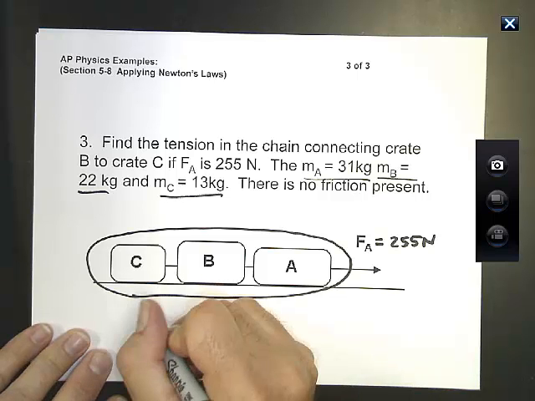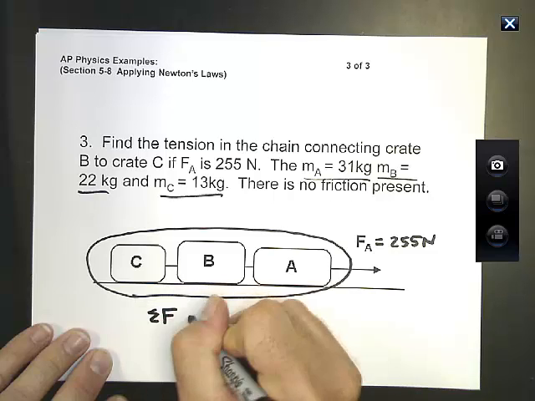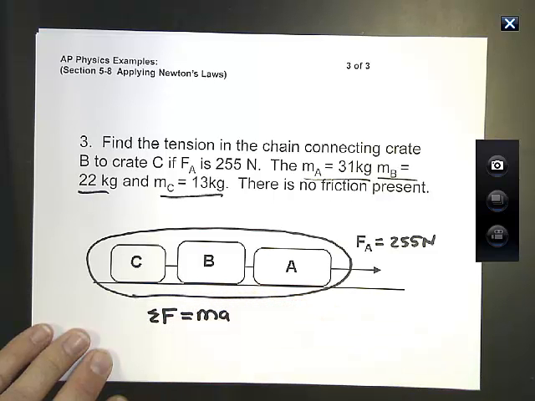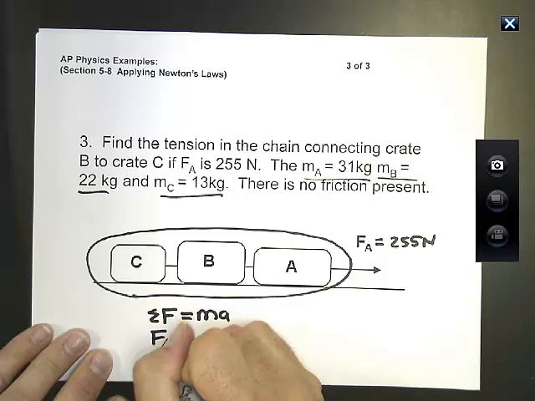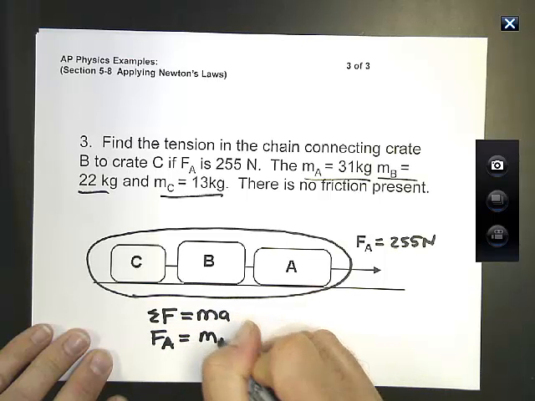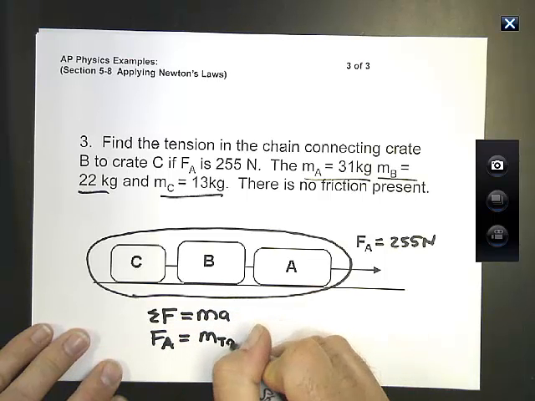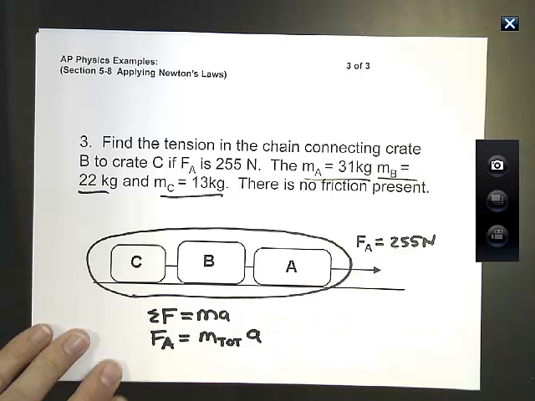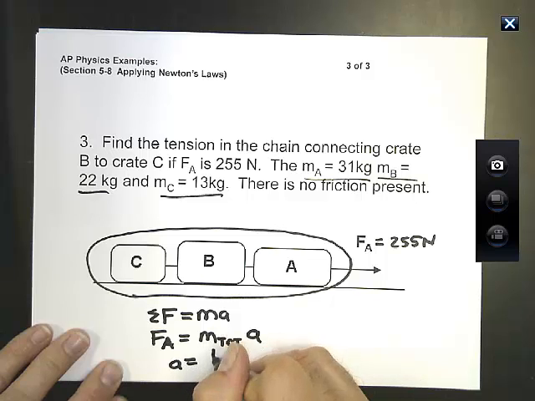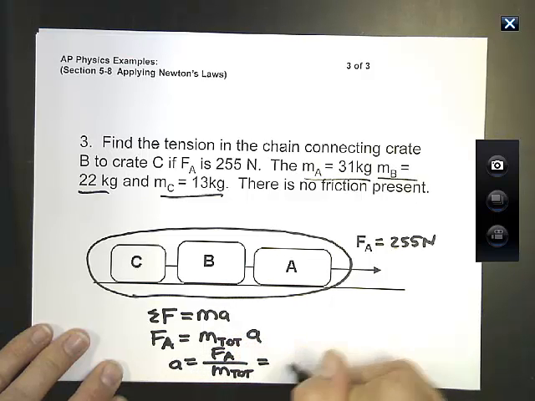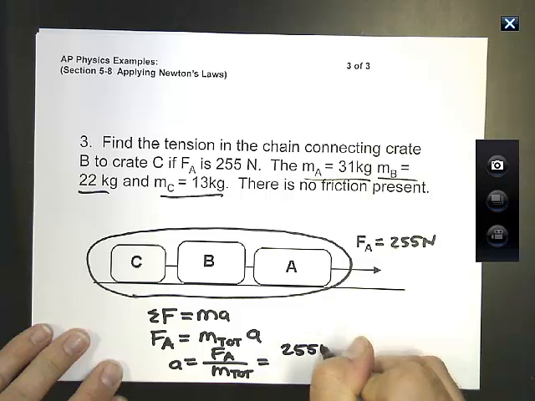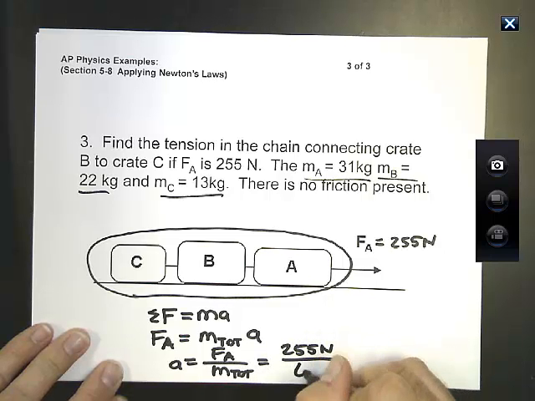So we could say the sum of forces on the entire system would be F of A, or mass total times the acceleration. In other words, we can find the acceleration of the system by saying F of A divided by the total mass, or 255 newtons over 66 kilograms.